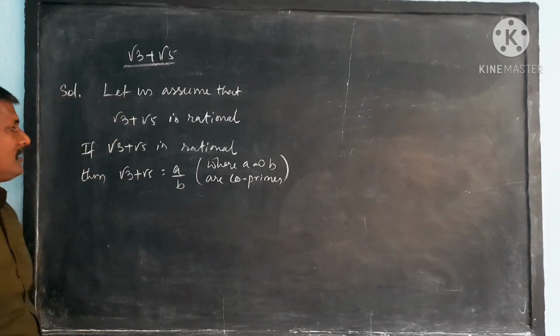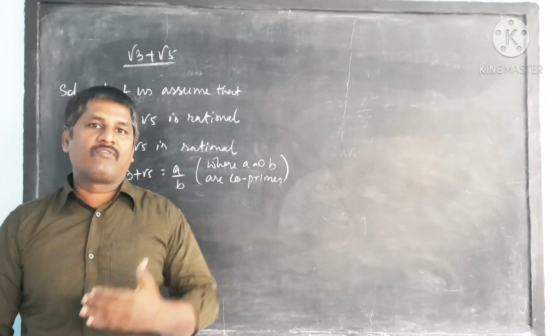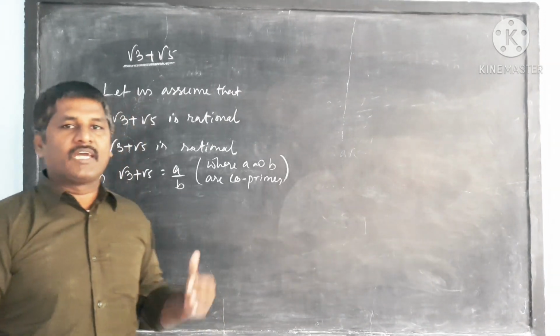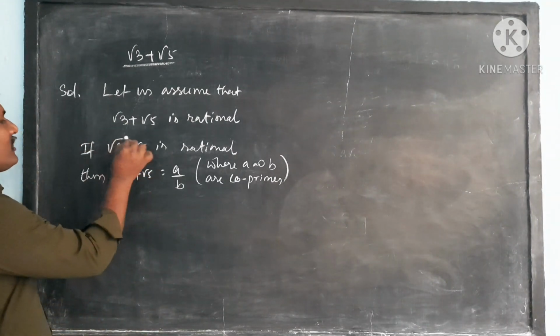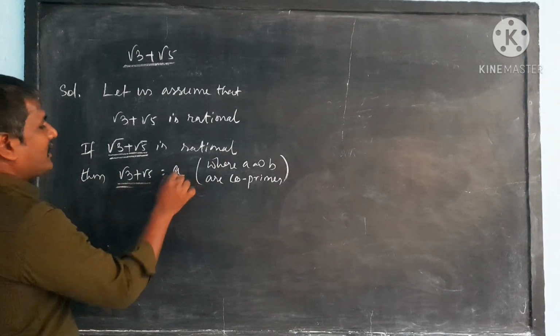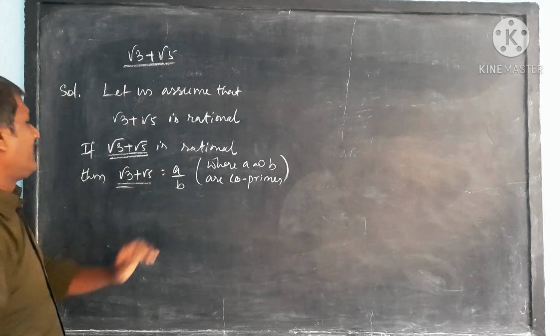As you know, if it is a rational number, it must be in the form of p by q or a by b. Here I choose a by b. Whenever root 3 plus root 5 is a rational number, then it can be written in the form of a by b. So root 3 plus root 5 is equal to a by b.